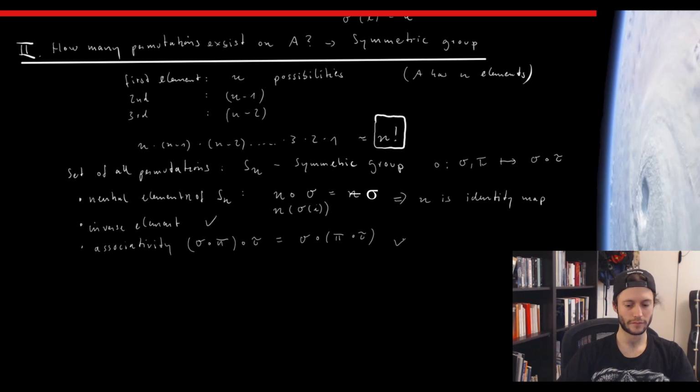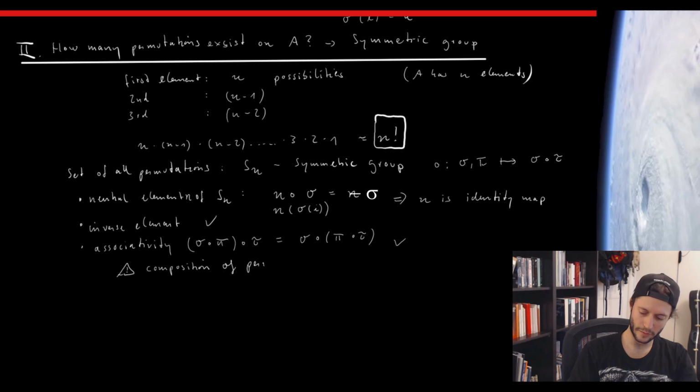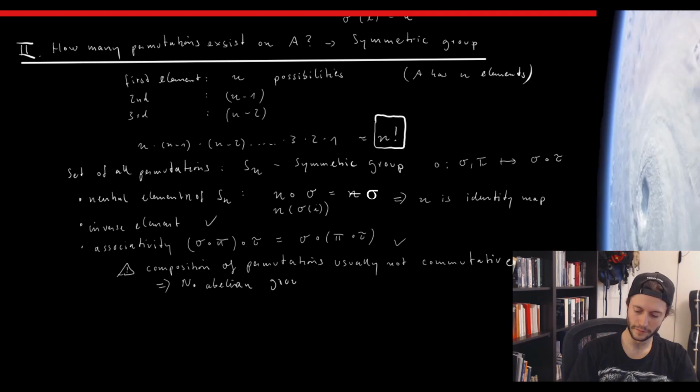What would that mean? So I make an attention sign: composition of permutations is usually not commutative. So no, Sn is not an abelian group.